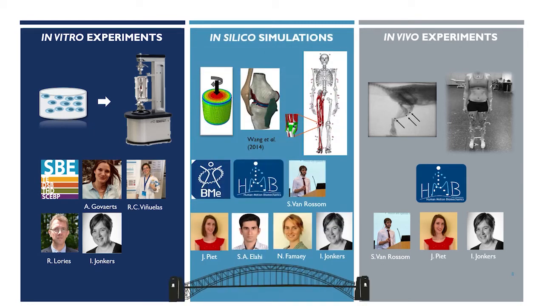In order to integrate the insights of both domains, in silico simulations will be performed as a bridge between in vitro and in vivo experiments. To this end, we use in silico techniques to characterize the local mechanical environment during the in vitro bioreactor loading experiments and relate these to the observed changes in the biological parameters.